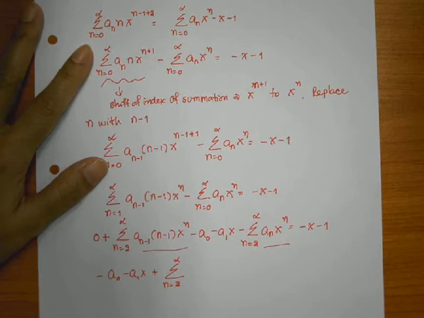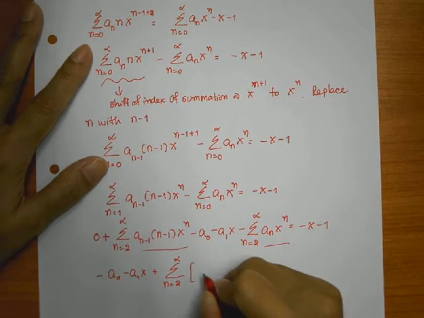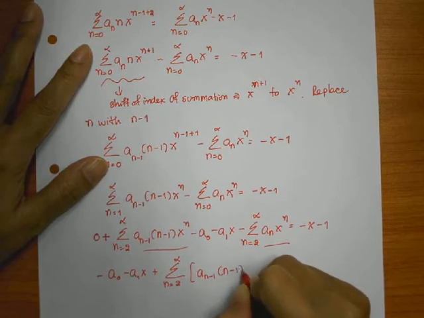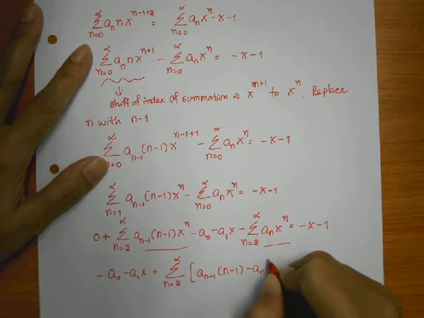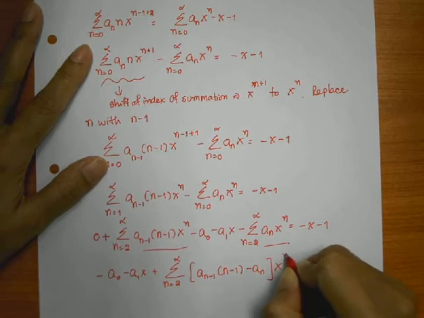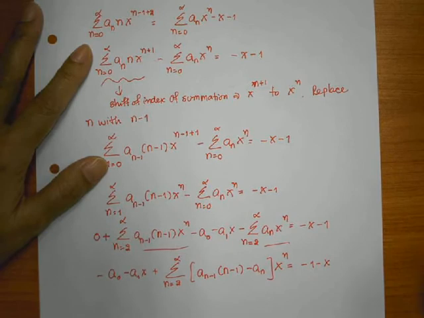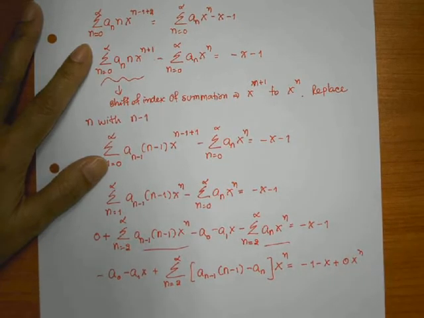So we can put them together. To put them together, we get a_{n-1} times (n-1) minus a_n, the whole thing times x to the power n, is equal to minus 1 minus x plus 0 x to the power n.